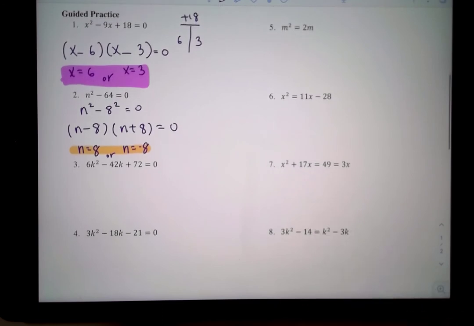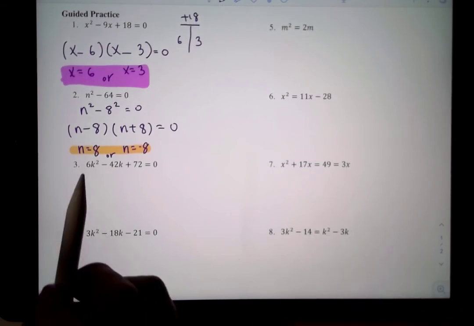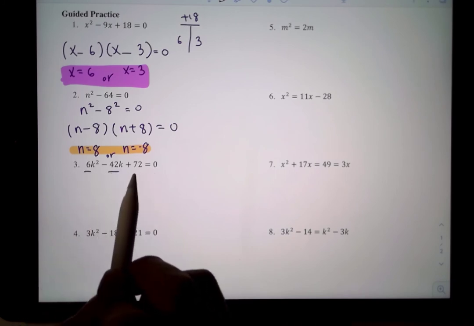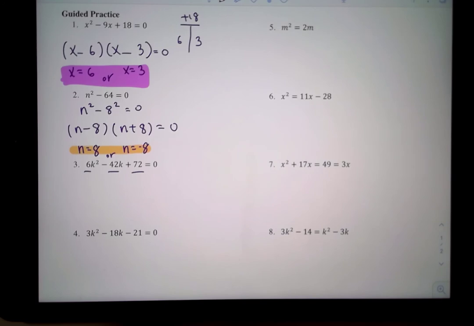And number 3. Look at number 3. Oh, numbers are big. But we can factor by 6, because 6, 42, 72, it's all multiples of 6.